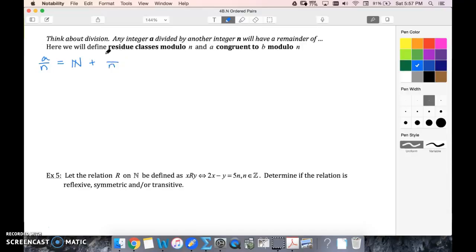Yeah? That remainder is going to be 0, 1, 2, all the way down to n minus 1. So this is, in general, how division works.